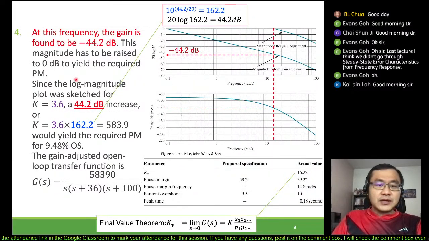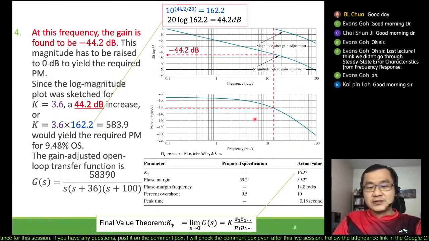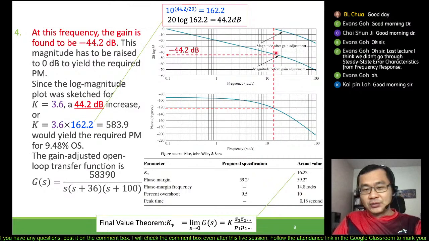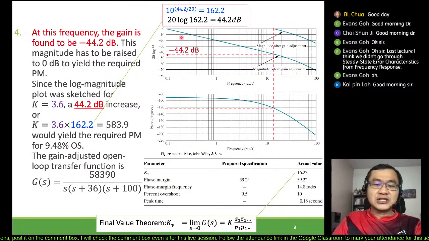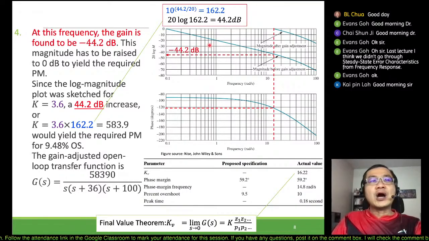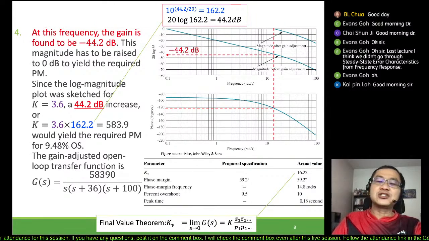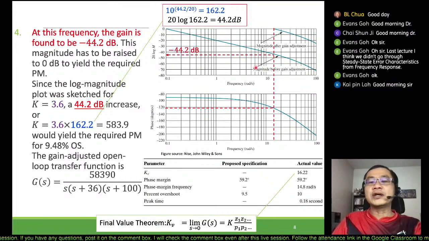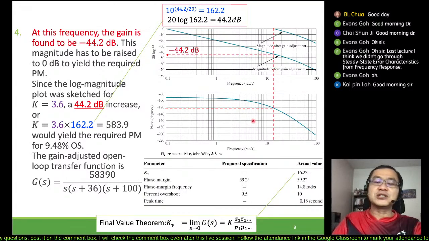Now at this frequency, if you draw this line up all the way, the gain is found at approximately 44.2 dB. Since you know how to use mathematical tools like MATLAB or Scilab, you can plot this out and get all this information from there.